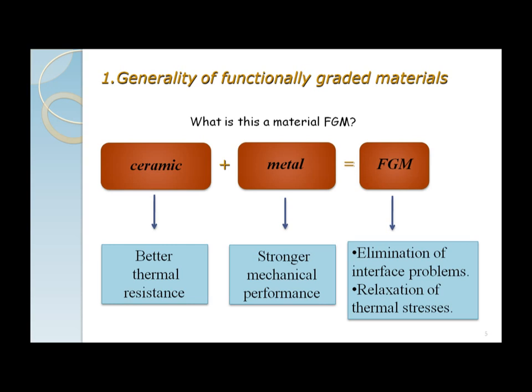Global FGM achieve the multi-structural status of their property gradation by gradually varying the volume fraction of the constituent materials. Their material properties exhibit a continuous and smooth variation from one surface to another, eliminating the interface problem and reducing thermal stress concentration.